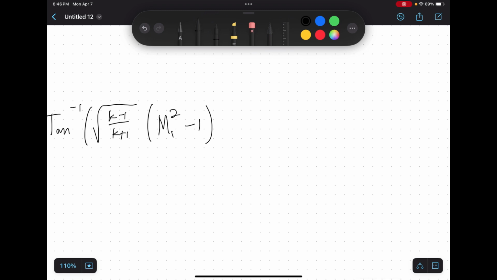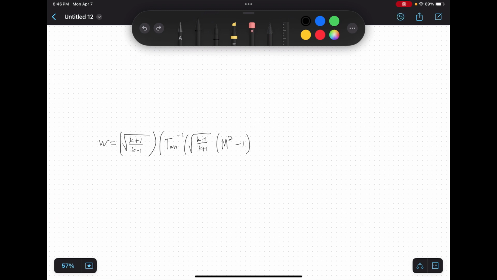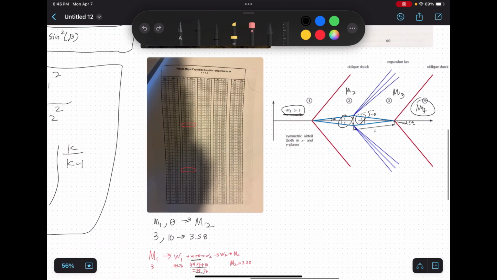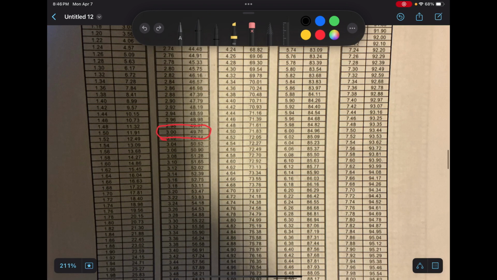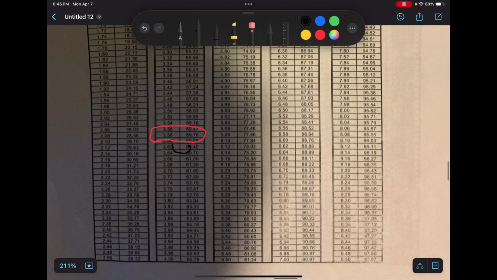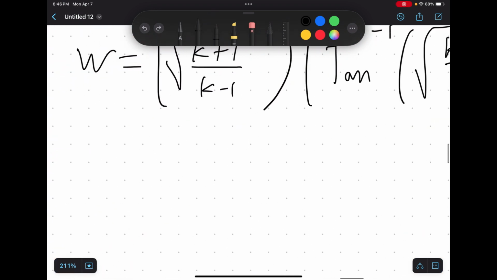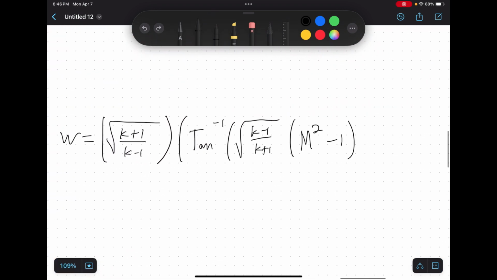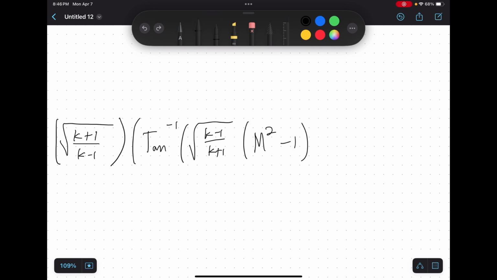I'm not calling this Mach 1 or Mach 2 because it's just whatever Mach you have, because you're going to use it to find W1 and you're going to use it to solve backwards. When you have W2, you're going to use it to solve backwards to get the Mach number. So it's not Mach 1 or Mach 2, it's just both of them kind of.